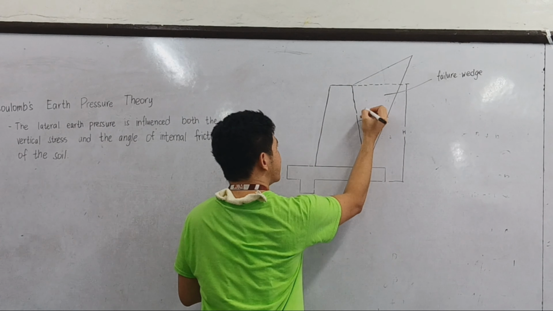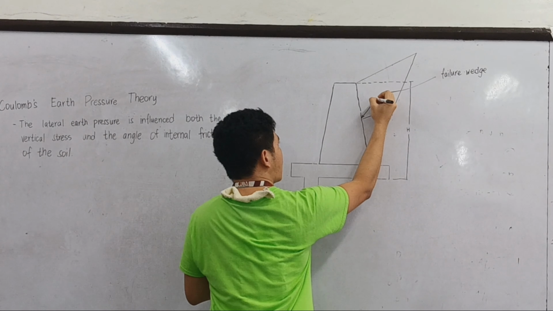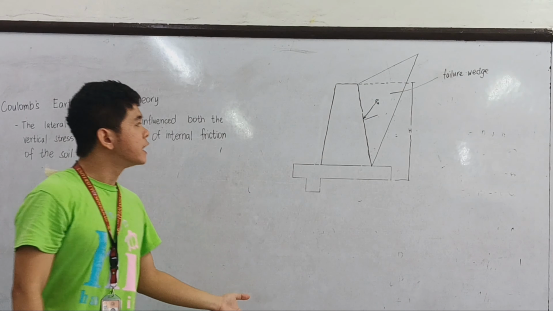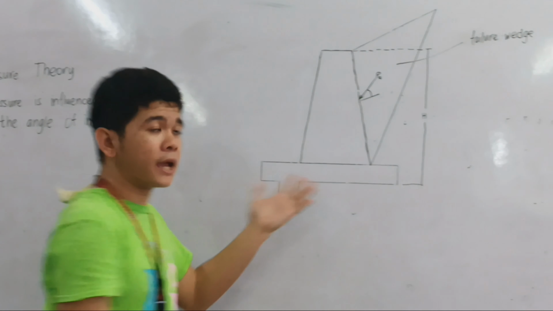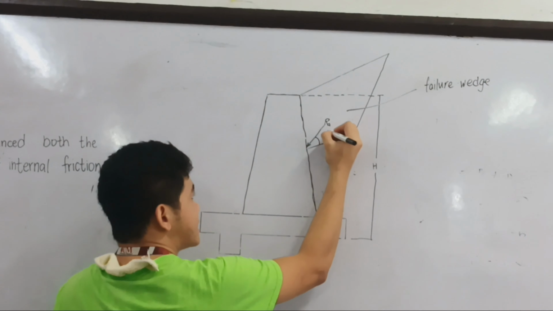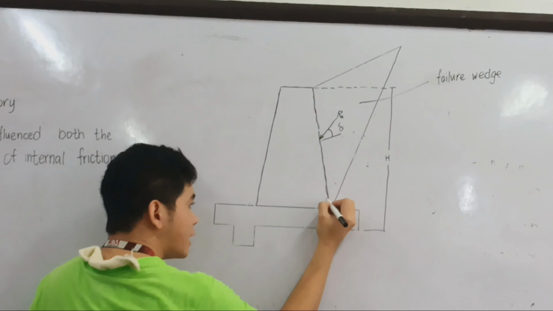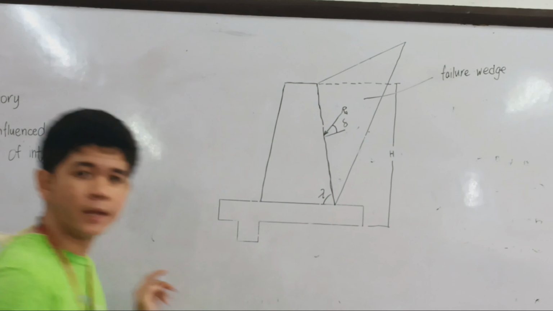And this is our active pressure, which we're going to denote as RA. This angle, perpendicular to the wall, is called delta. And the wall angle we denote as lambda.